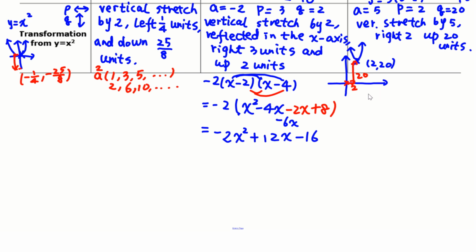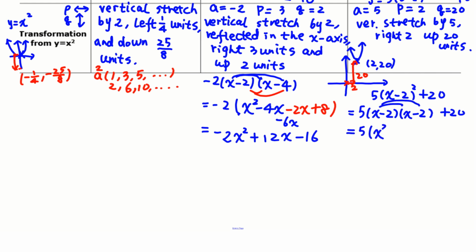And for the last one, 5(x minus 2) squared plus 20. To change it to standard form, it is (x minus 2) times (x minus 2), then plus 20. So do the expanding. x times each term in the second bracket, we have x squared minus 2x. Then minus 2 times each term in the second bracket is minus 2x plus 4, then plus 20.